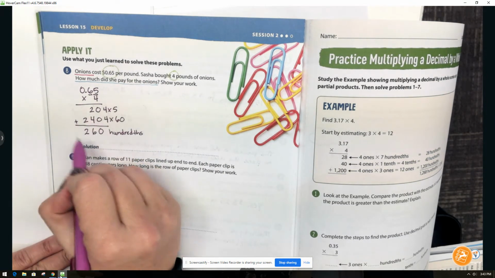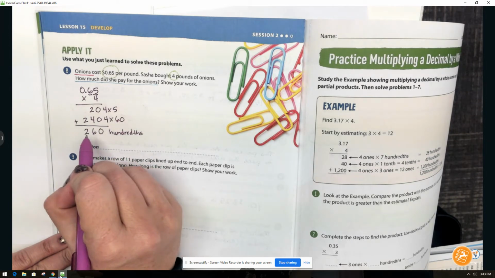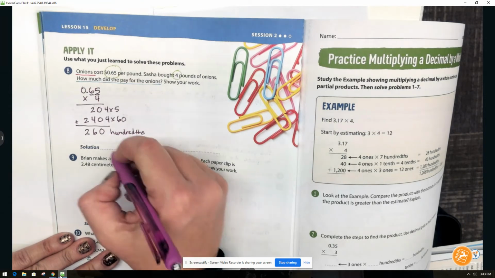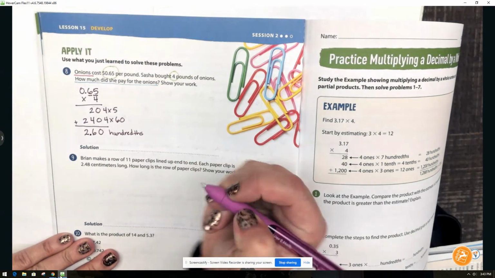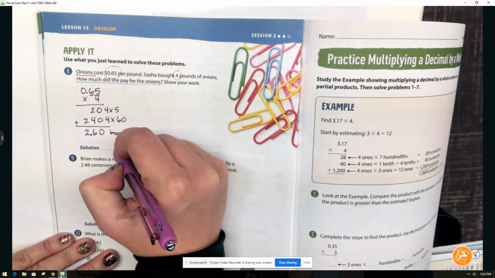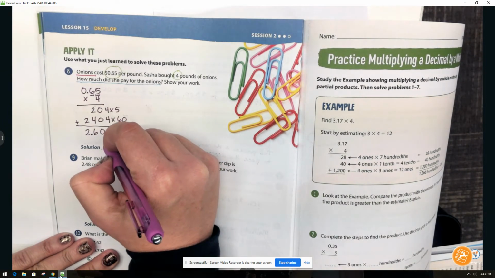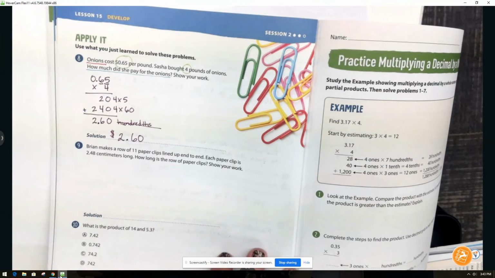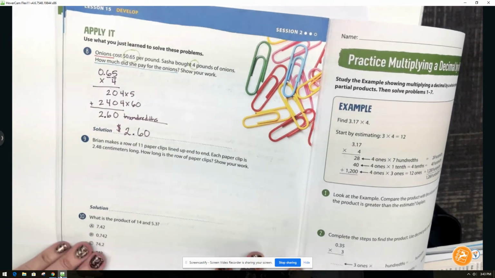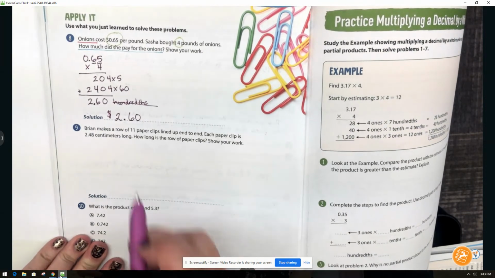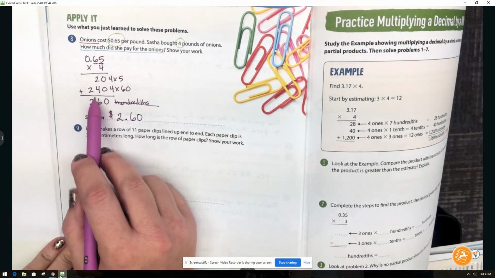So if I want to make this answer 2 and 60 hundredths, I need to place the decimal between the 2 and the 60. So then it becomes 2 and 60 hundredths. So she spent a total of $2.60, or 2 and 60 hundredths. So the trick is just how do we put that decimal back in?